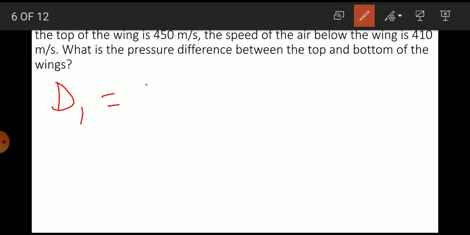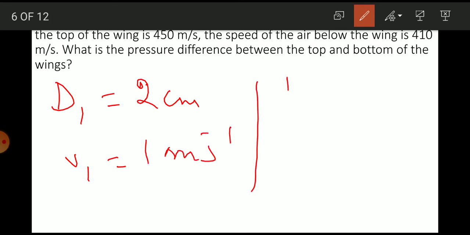D1 is 2 centimeter, the velocity V1 is 1 meter per second, D2 is question mark, and V2 is 4 meter per second.